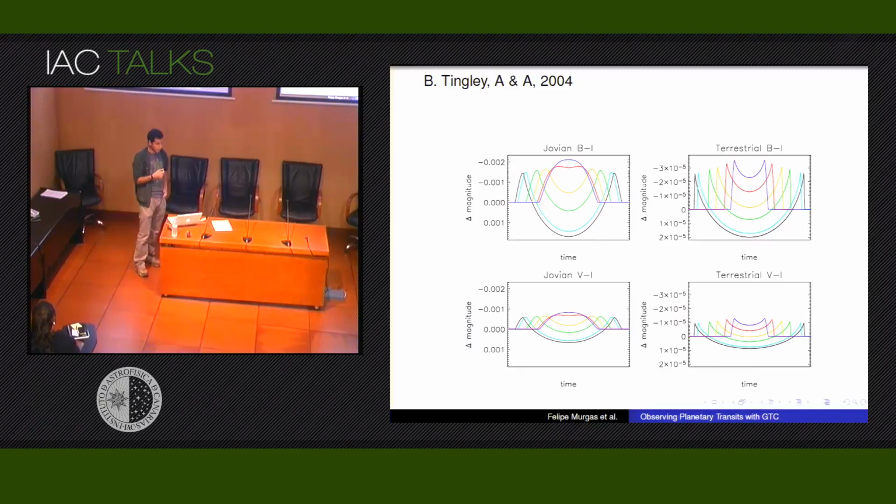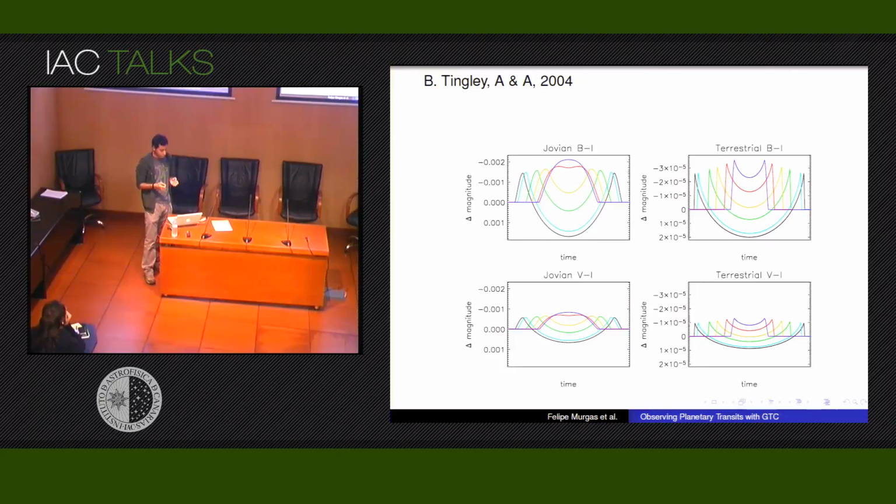So you can use this method to try to discard some of the Kepler candidates, for example, that you cannot do radial velocity on, but you can observe in two bands. And if you get a signal similar to this, it's more probable that it is a planet instead of a binary, for example a low mass binary. Also, the signal is different for a Jupiter planet or a terrestrial planet.